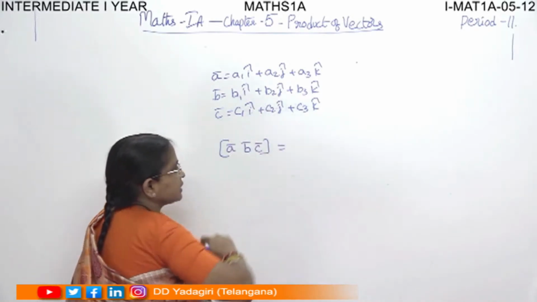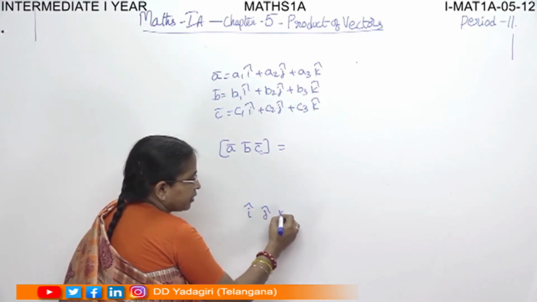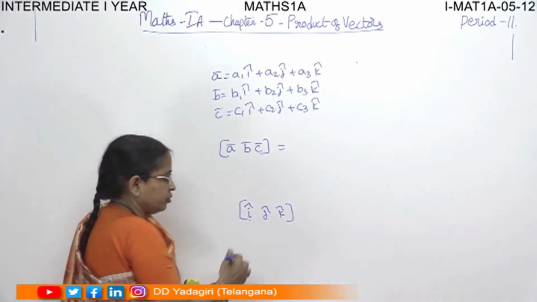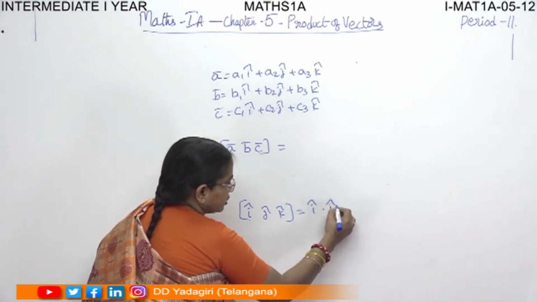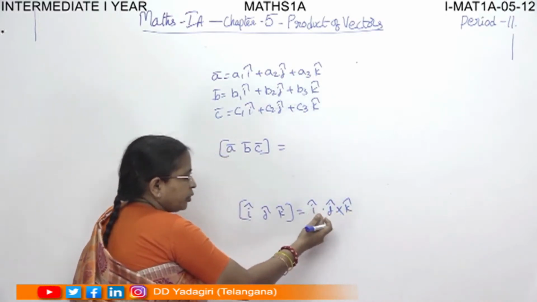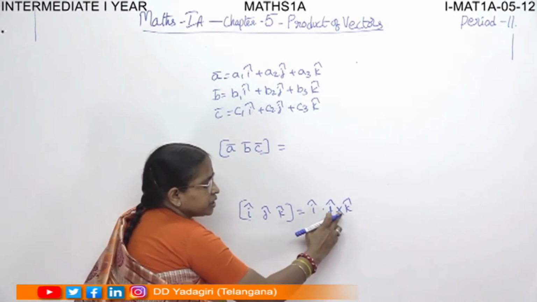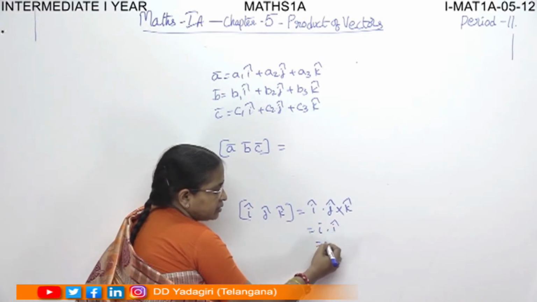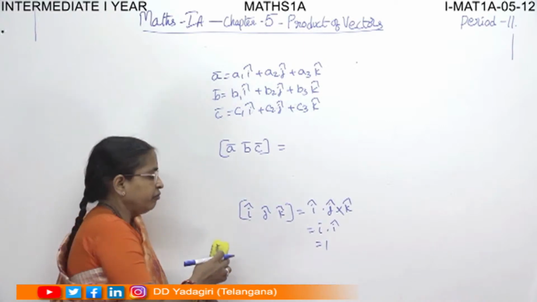Before discussing this, we'll first discuss this property. What is the box product of IJK, unit vectors? You already know IJK as unit vectors. So it is I dot J cross K. I can put dot and cross anywhere. Suppose I take I dot J cross K. What is J cross K? J cross K is I. So I dot I is 1. So box IJK value is equal to 1.